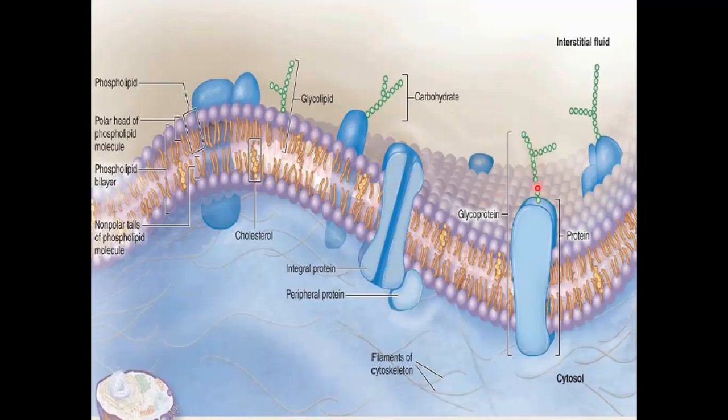Here they are shown to be green. So we have these green molecules attached to proteins or the phospholipids. Then we have cholesterol. Here it is shown to be yellowish. So to be specific, there are about 4 basic molecules found within the cell membrane. That is number 1, phospholipids, number 2, cholesterol, number 3, proteins, number 4, polysaccharides.